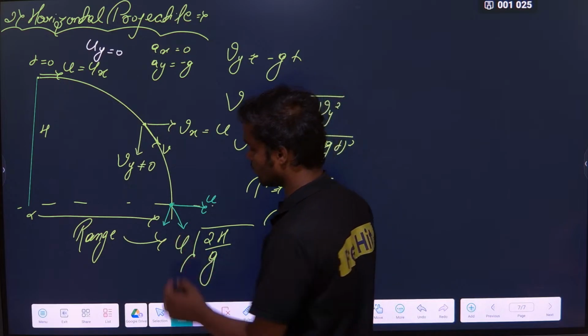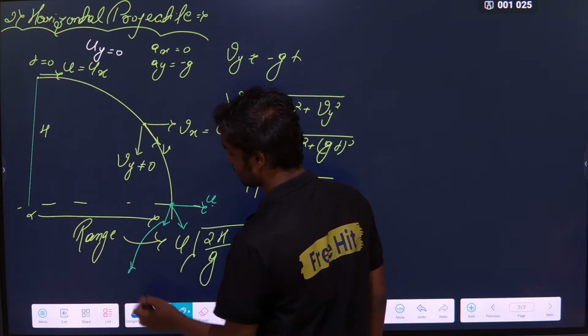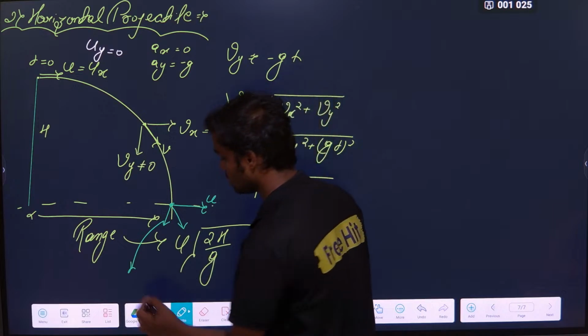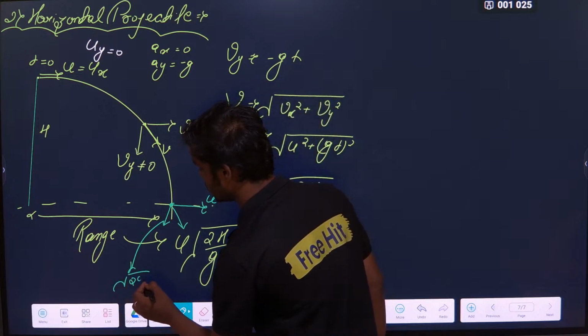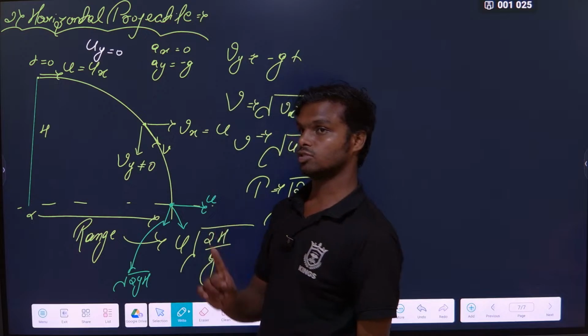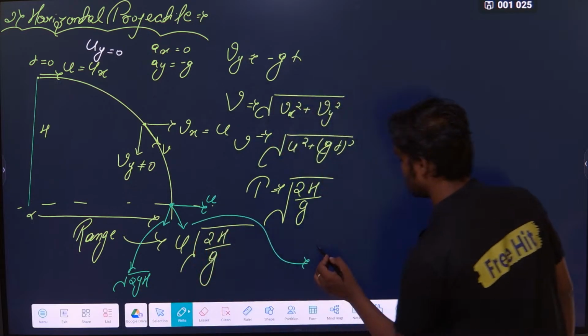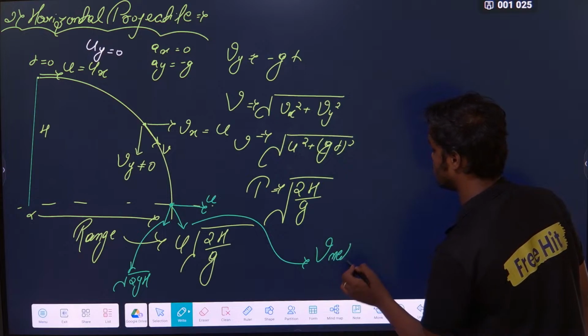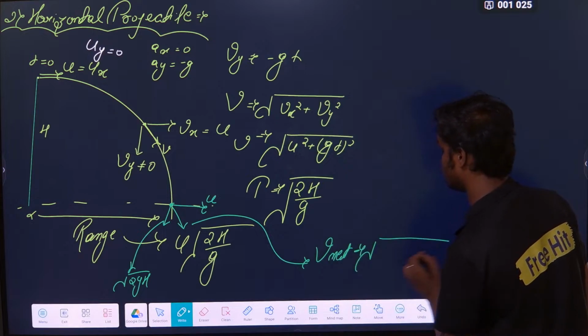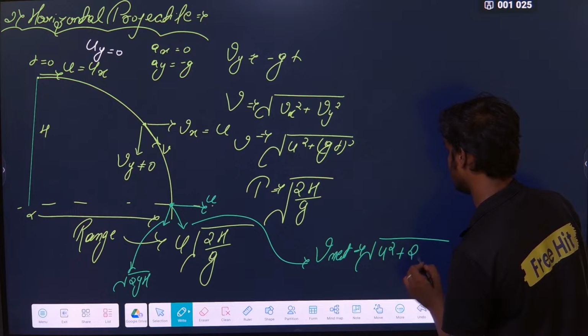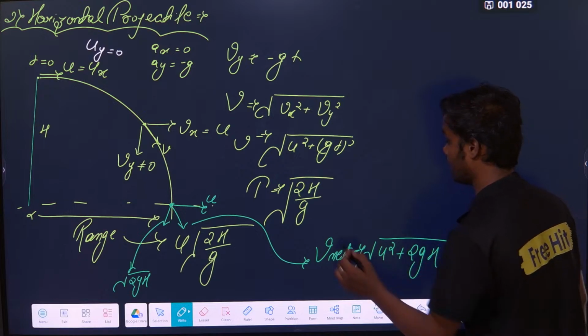My question is, what is that vertical velocity at this point? It will be under root of 2gh. If you remember my motion in a straight line, this velocity will be root 2gh. So what is the net velocity at this point? V net will be root over of u square plus 2gh, correct?